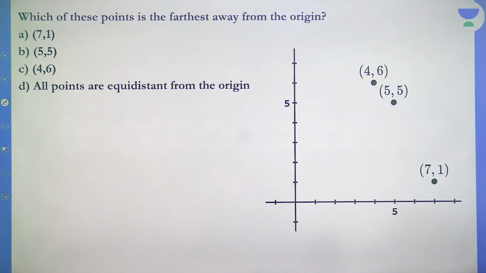Okay, A option, B option, C option, I can see different answers. Let's see which is correct.